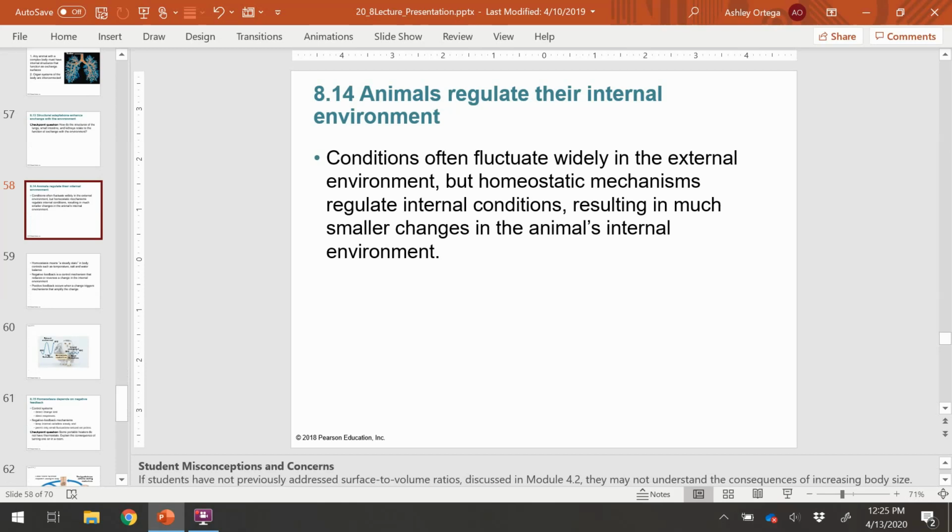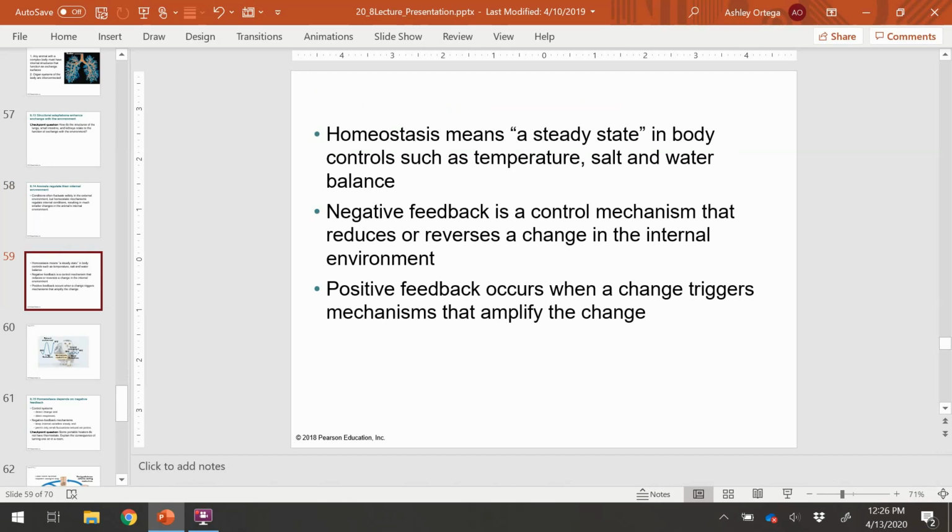They need the environment, the warm sun or the cool shade, to help change their temperature. But most animals have mechanisms that regulate their internal conditions and result in much smaller changes in the animal's internal environment. And so this is called homeostasis.